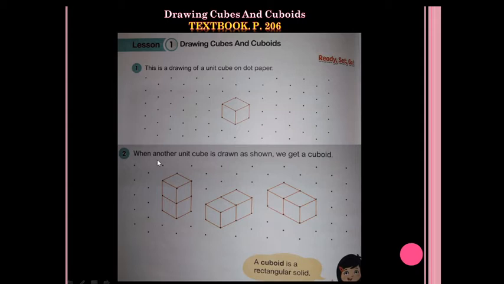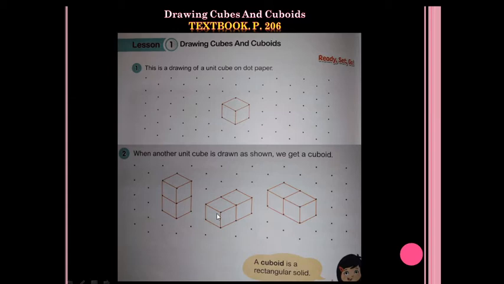Now number 2, when another unit cube is drawn as shown, we get a cuboid. So this one unit plus 1 unit become 2 units of cubes. So you can pile up like this, going up vertically, to become a cuboid.